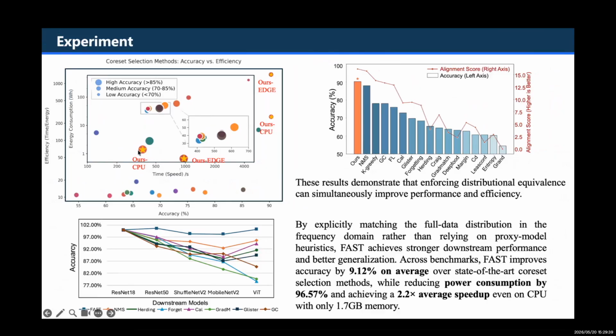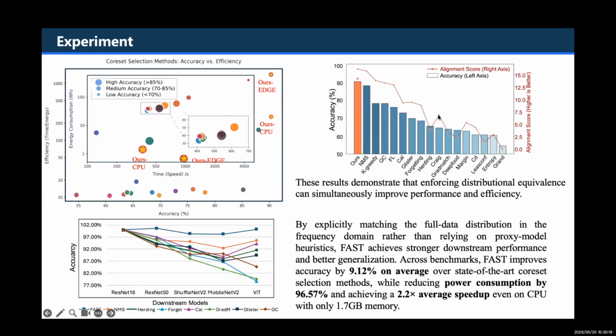Our CPU version is at the bottom left corner, and our edge version, deployed on edge devices, could have a much lower energy consumption. For the performance, we'll see both of our versions have the best accuracy and a really nice efficiency. It's at the top right corner.